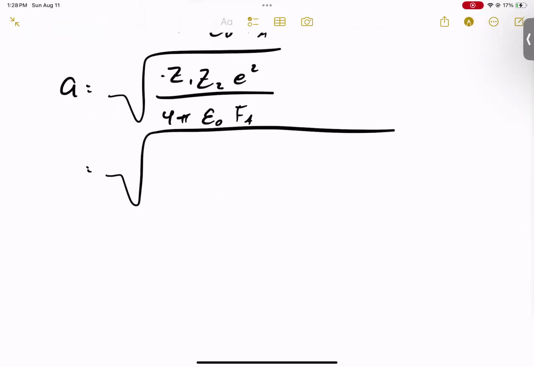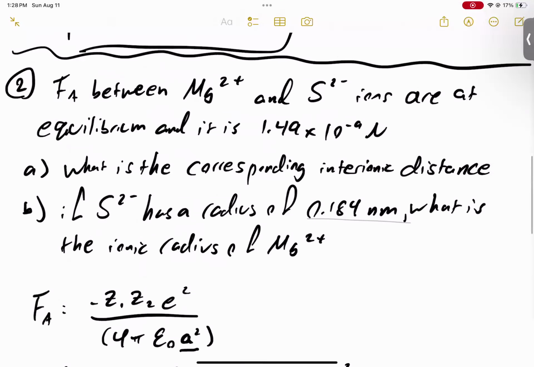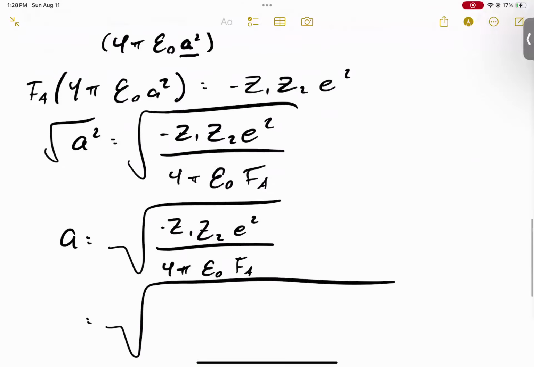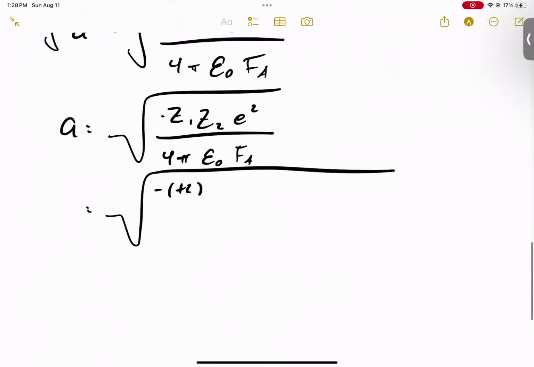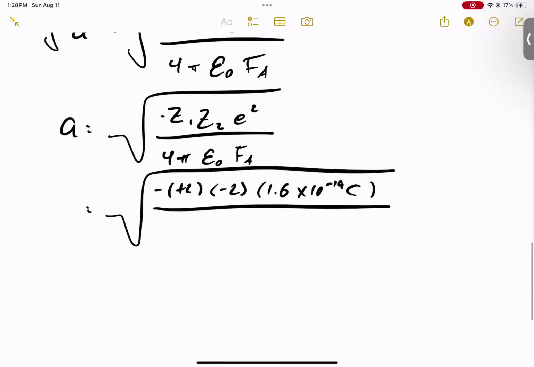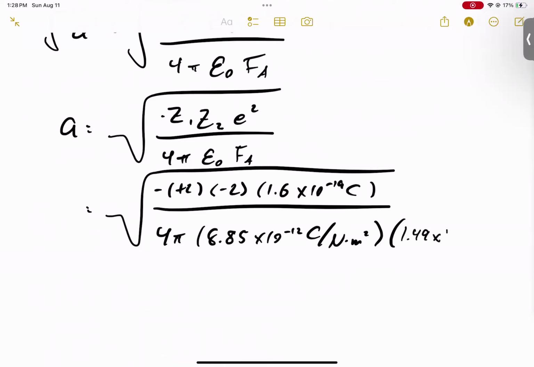So we know the charges to be +2, -2 because we're working with magnesium and sulfur. That's where I'm getting the +2 and -2 from. I also know the electron charge, which is a constant, 1.6 times 10 to the -19 coulombs. This is going to be over 4 pi epsilon naught, which is 8.85 times 10 to the -12 coulombs squared over newton meter squared, another constant, multiplied by the force of attraction, which we are given as 1.49 times 10 to the -8 newtons.